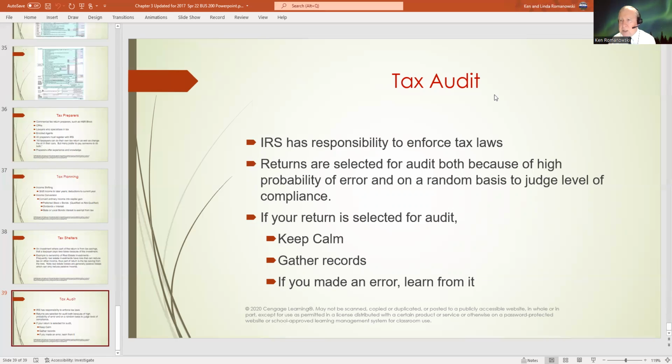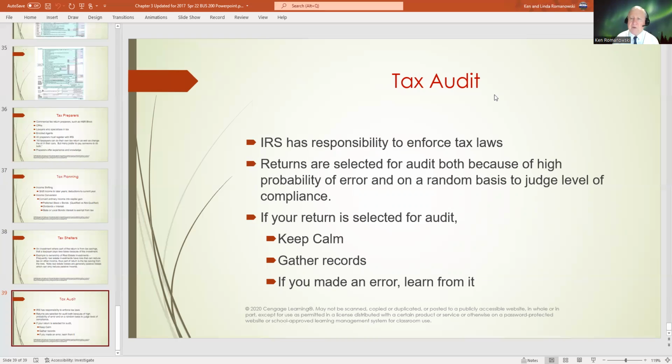So if they see something on your tax return that doesn't quite look right, they're going to reach out to you. Now, they don't check every single tax return. Electronically, what they do is the information goes in there, and if your numbers are within a reasonable amount, then they're not going to question your numbers. Okay.